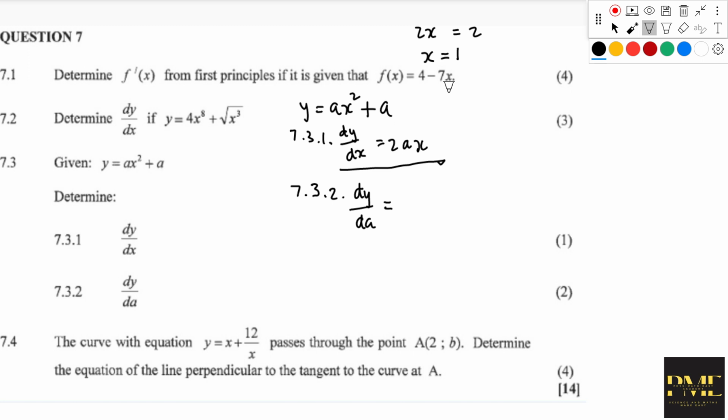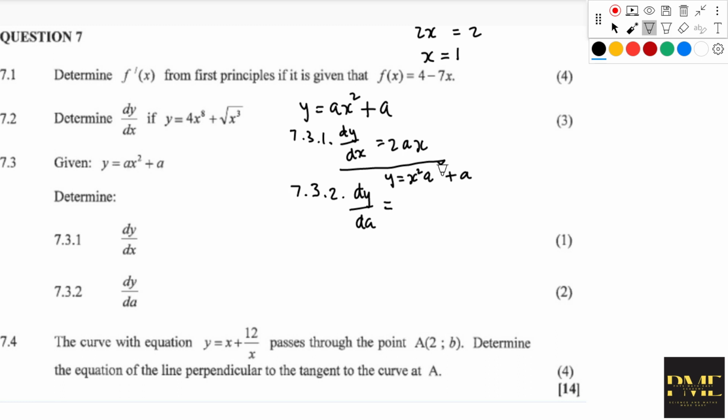Okay, so why am I preparing you here? It's because I wish that we look at this aspect when it comes to this case, where we derive with respect to a. Okay, so maybe just to make it easy for you guys, let me take x squared and put it here, and then we derive. Therefore, let's say our y is equals to x squared a plus a, guys.